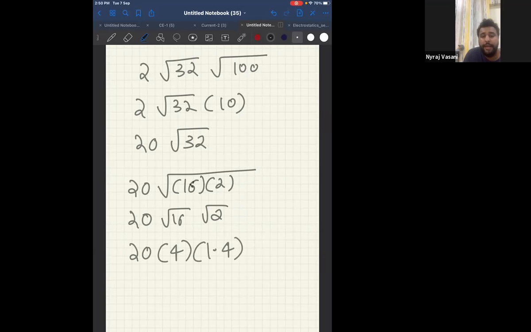In your entire life, you should remember what is root 2 and what is root 3 value. Root 2 is 1.4 something and root 3 is 1.7 something. If you don't know, from today you should know. Direct substitution, because you'll have many problems where you'll be stuck with root 2 and root 3. It's not exact, it is approximate. Root 2 is 1.4 and root 3 is 1.7.